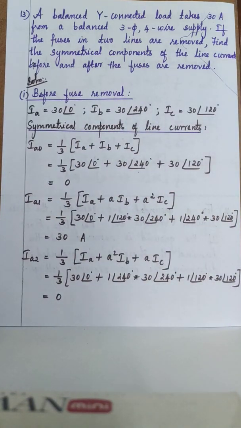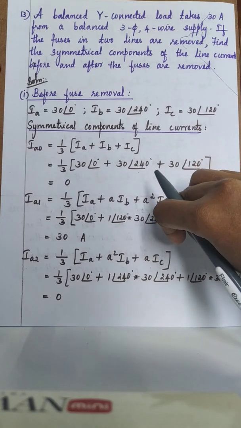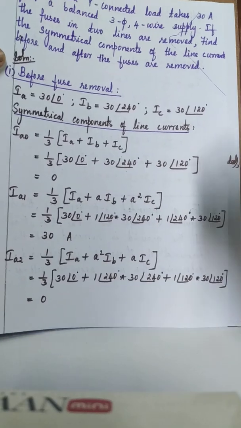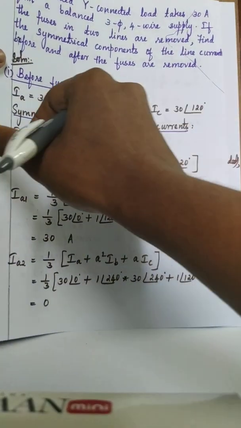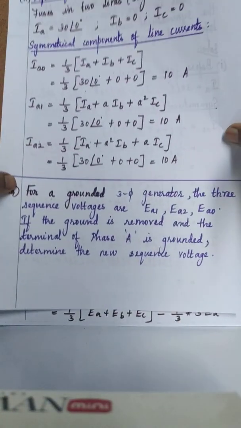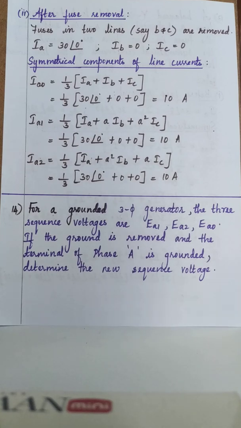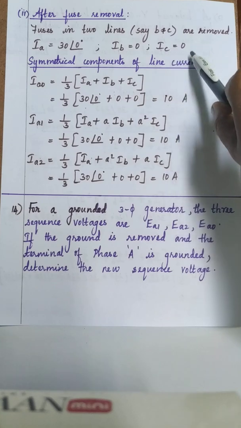The second part is after the fuses are removed. In two lines the fuses are getting removed. Let us say the two lines in which we are removing the fuses are lines B and C. When fuses are removed or blowing out, there is no continuity. The two lines become open and IB becomes 0, IC becomes 0.